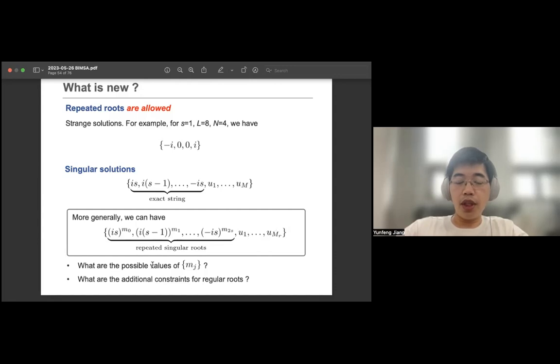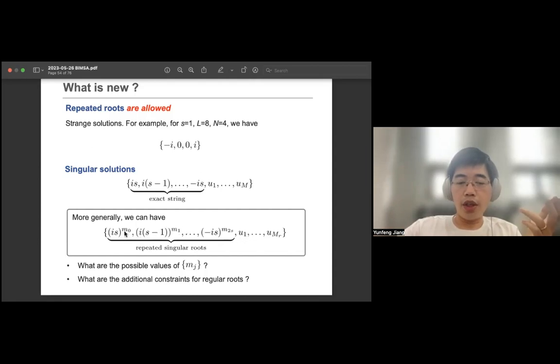First of all, a priori it seems that we can take any values of m_0, m_1 to m_2S, but it turns out there are some constraints. We'll talk about this later. So first, what are the possible values of these multiplicities? Also, in the spin 1/2 case, we derived the physicality condition for the singular solution, namely the condition which chooses the good solutions from the Bethe equations. But now we have many types of different singular solutions.